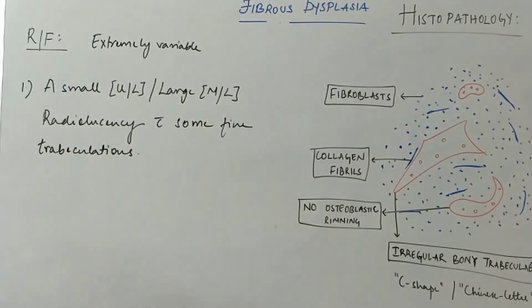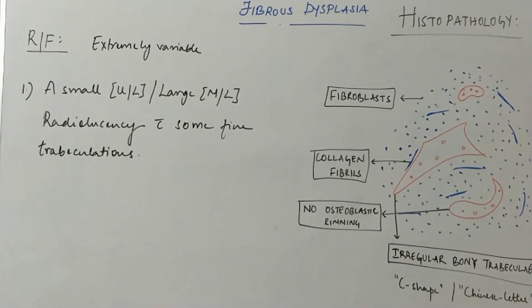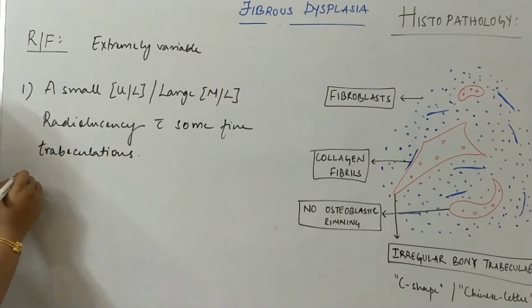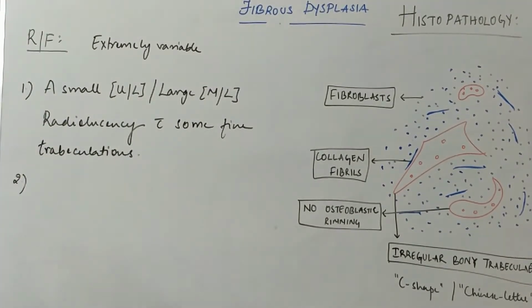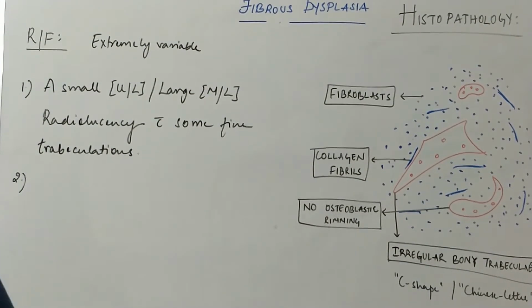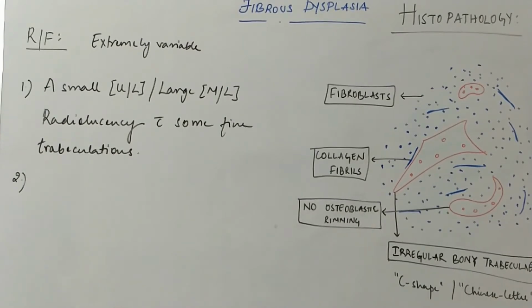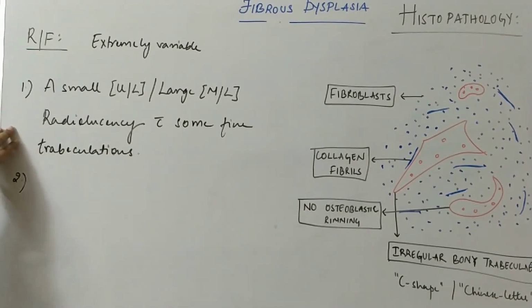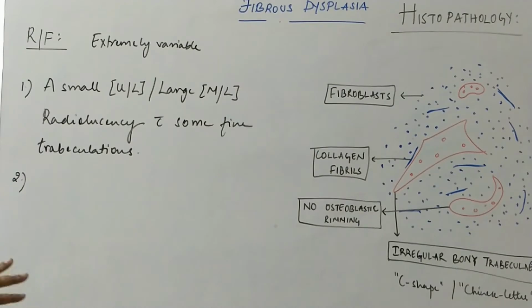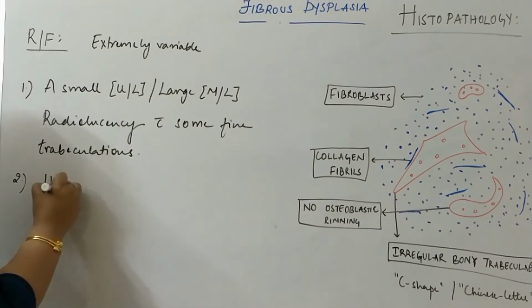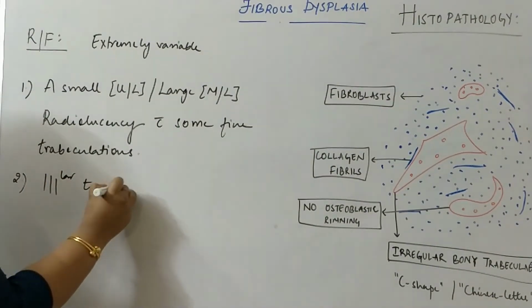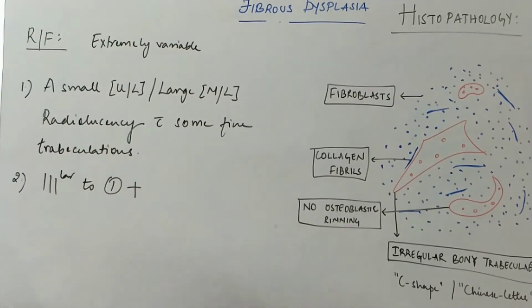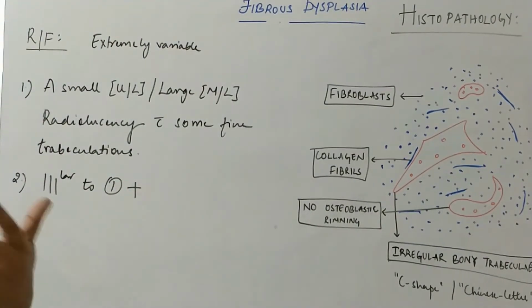Then in the later stage, as the lesion progresses, what happens? The trabeculations or the mineralizations increase. So you will see a similar appearance here, but apart from that the radiopacities will increase.